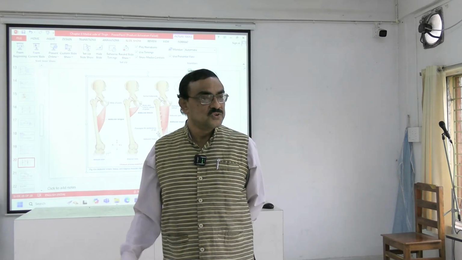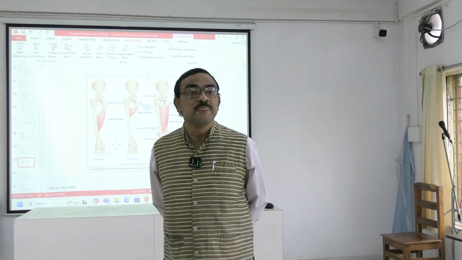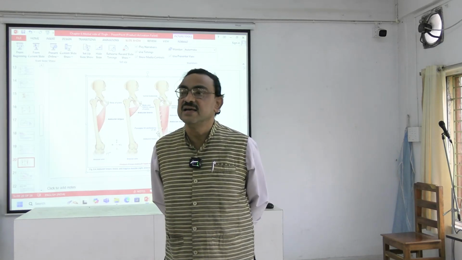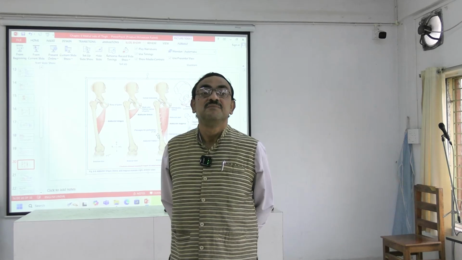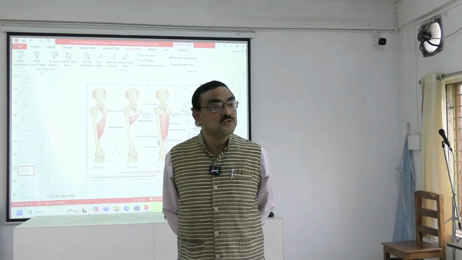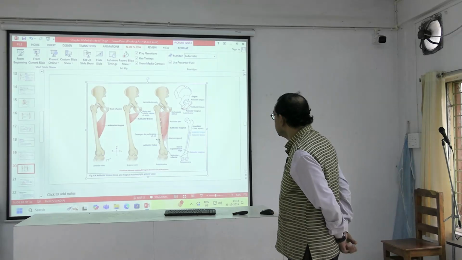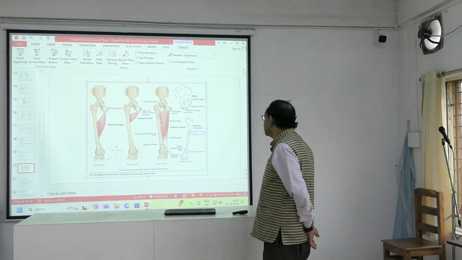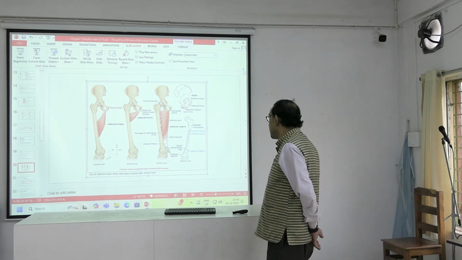So, there are 4 openings made by the perforating branches and the artery itself, also called the deep femoral artery. And the 5th one is for the passage of the femoral artery. The femoral artery is here, and it will pass through it.